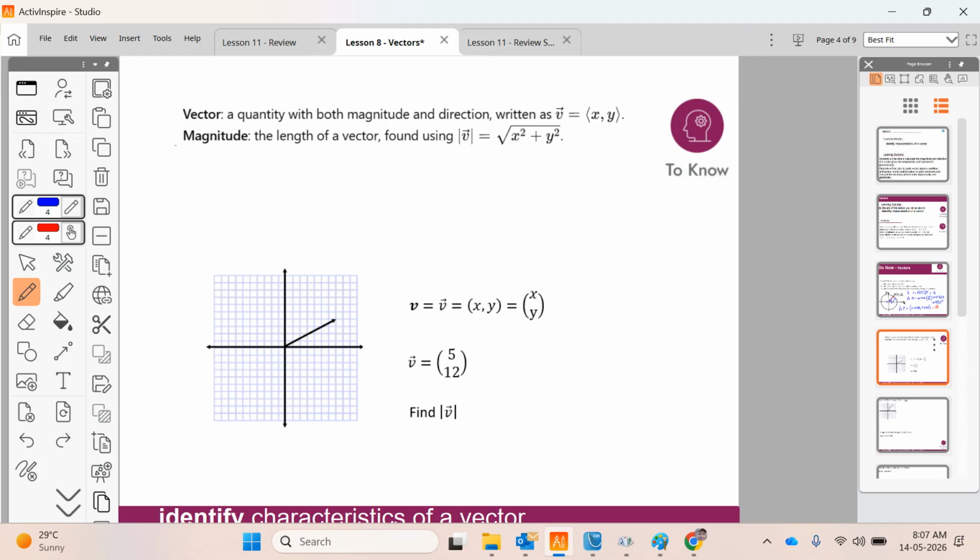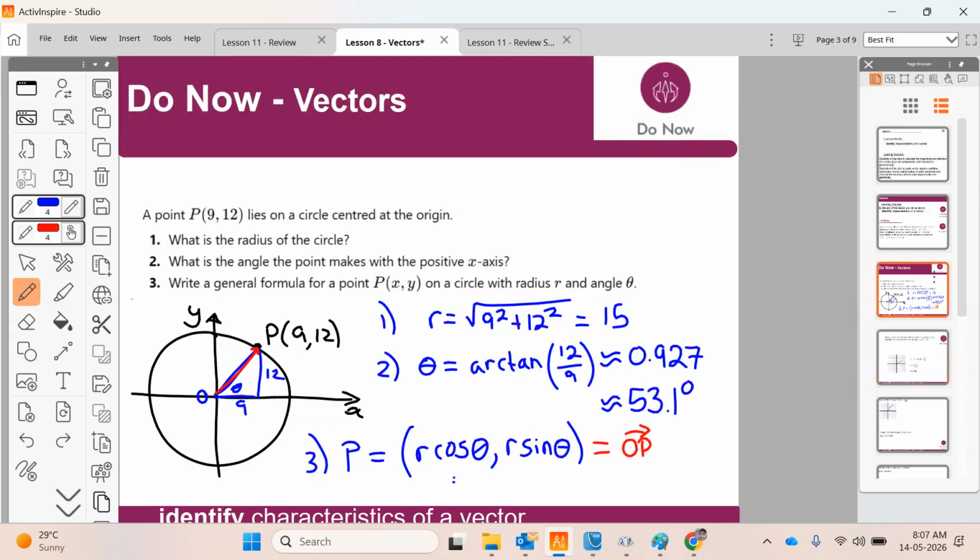You can't write bold by hand, so we put a line over it, and the direction of the line is important. You saw when I'm doing the vector OP, I put a line in this direction. The vector OP is different from the vector PO. The vector PO goes in the opposite direction. It would be the minus sign.